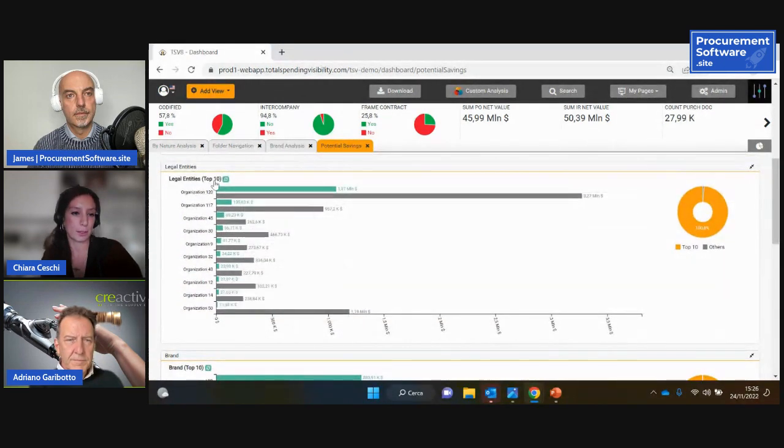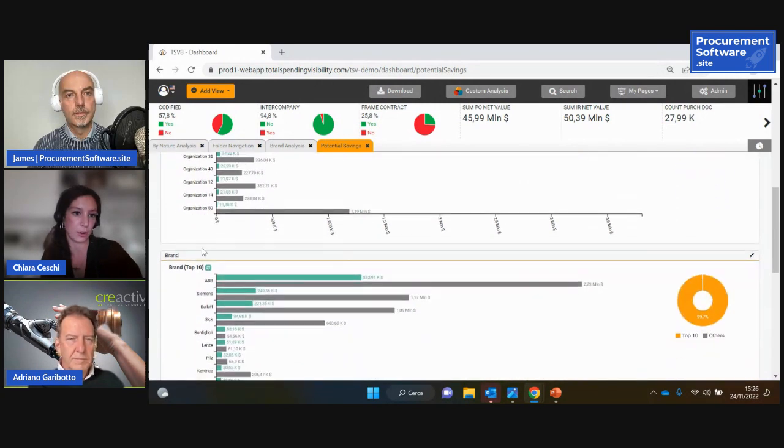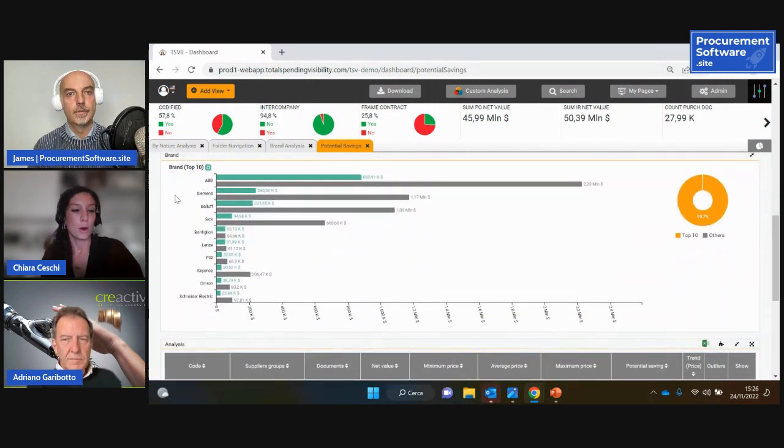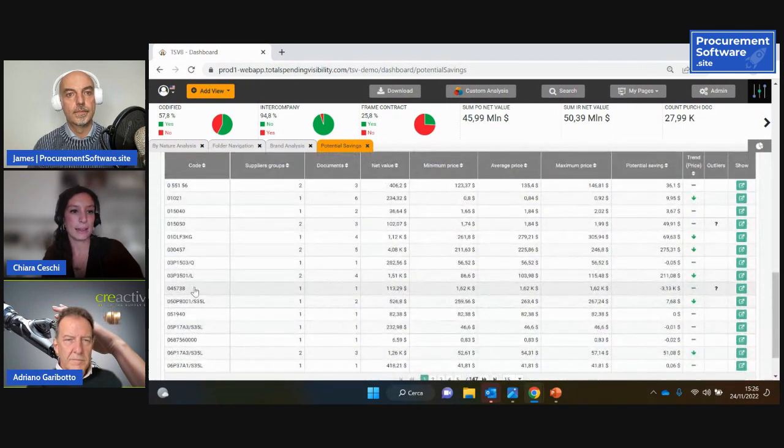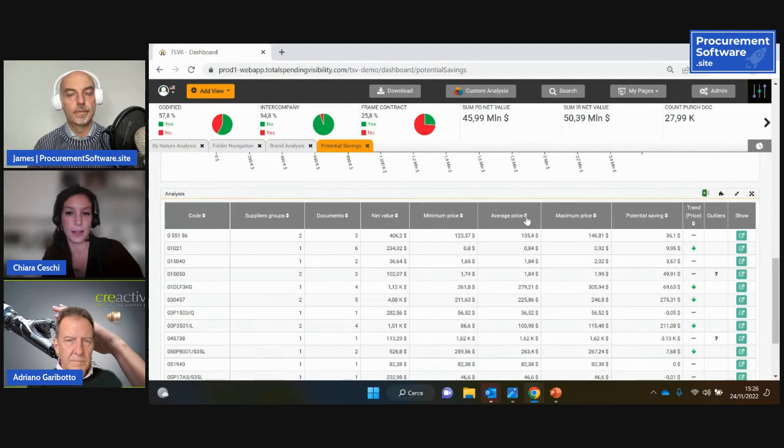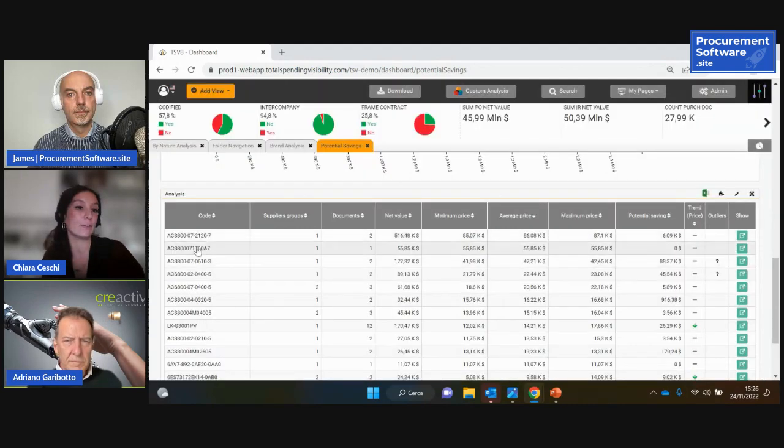Then the potential savings is split as a top 10 by legal entities, so the organization of the company. Where are most of the brands? And then divided also here, aggregated for the codes, we can see where we have potential savings.